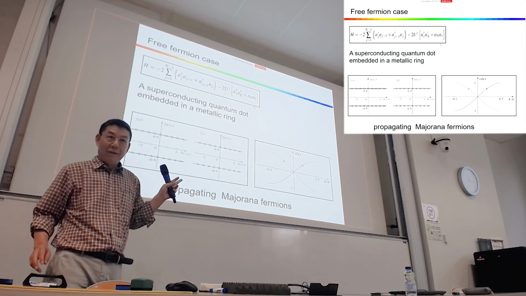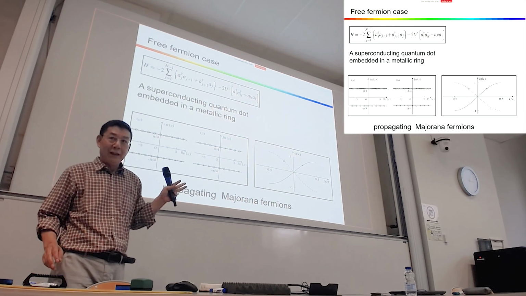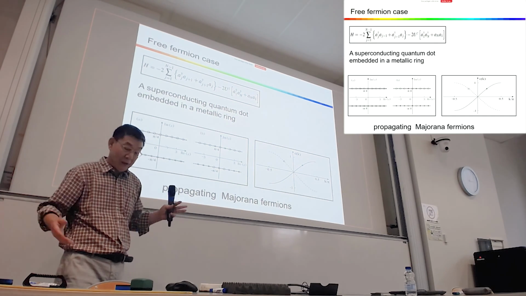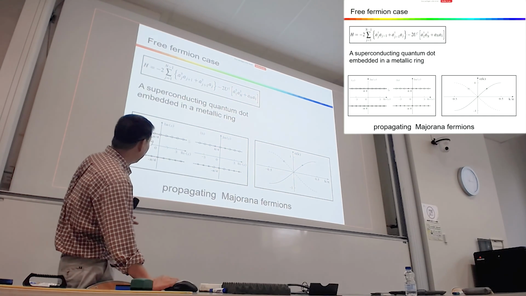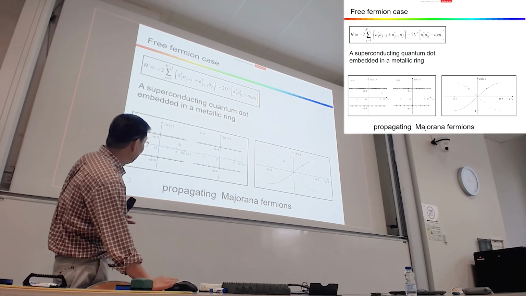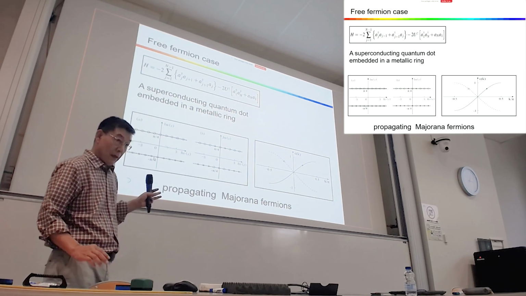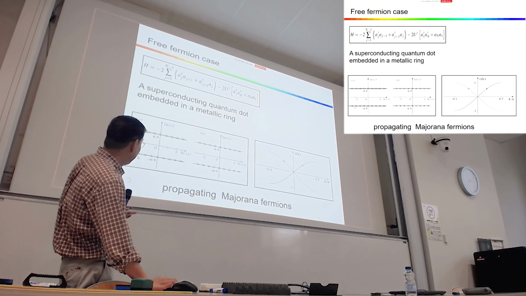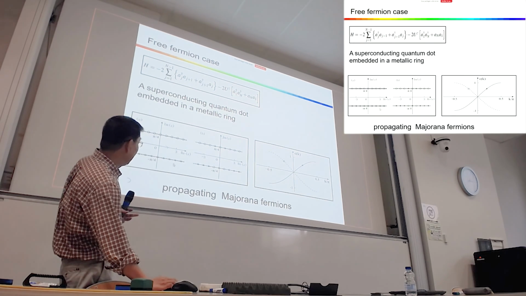So even in this free fermion case, you cannot diagonalize it quite easily. With our method, we can get the spectrum just on 2 lines, the quarter pi case. In the ground state, all roots are on this line.